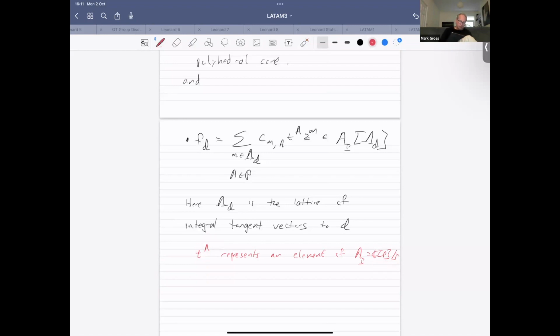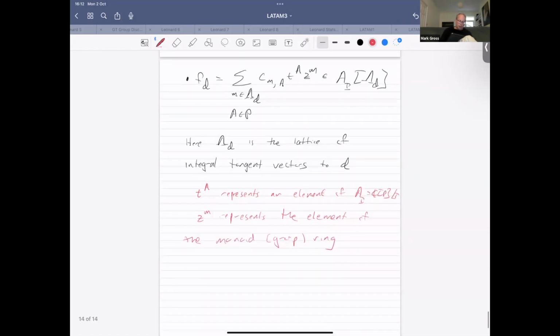And z^m is an element of the monoid ring, or in this case group ring, of Lambda_D over the ring A_I. That is, z^m represents the element of A_I[Lambda_D] corresponding to m.